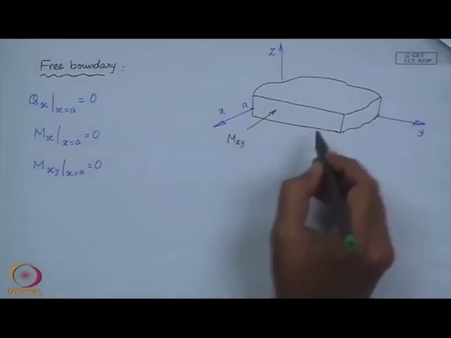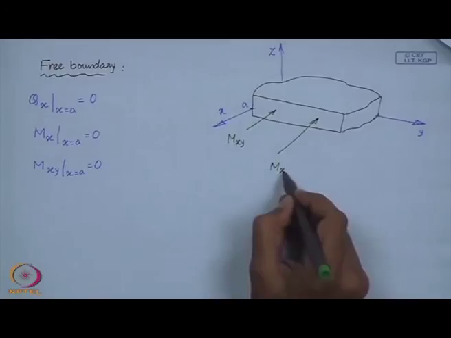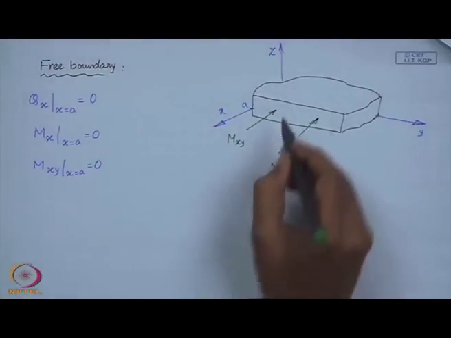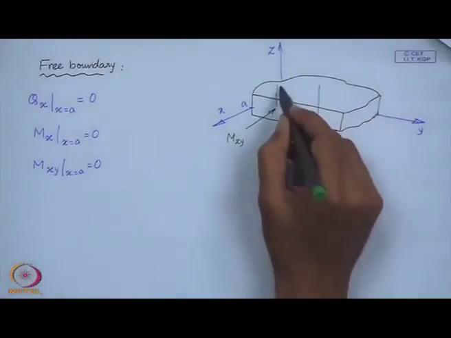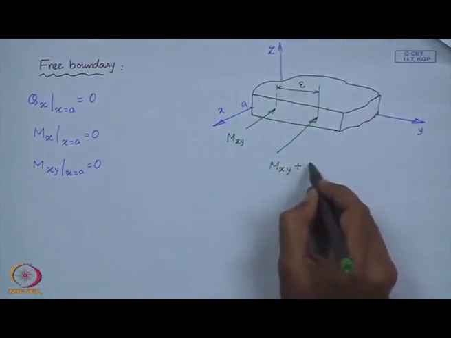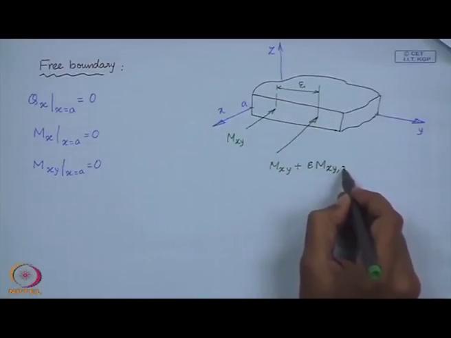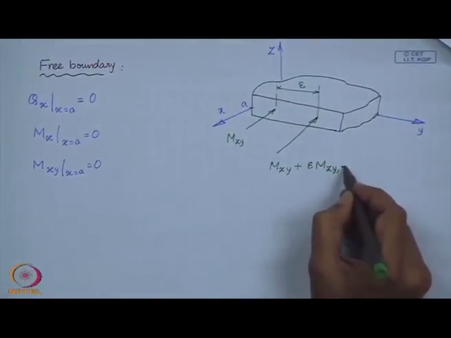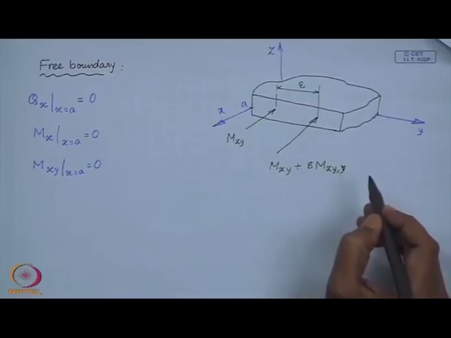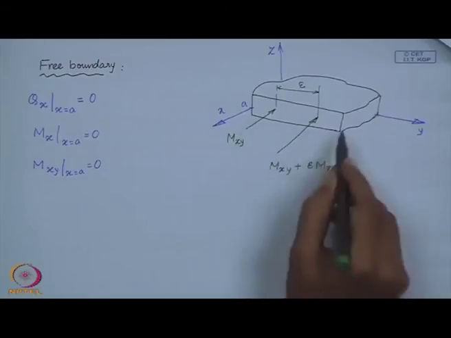So, at another location, this can be m. I am considering 2 locations separated by a small distance epsilon.